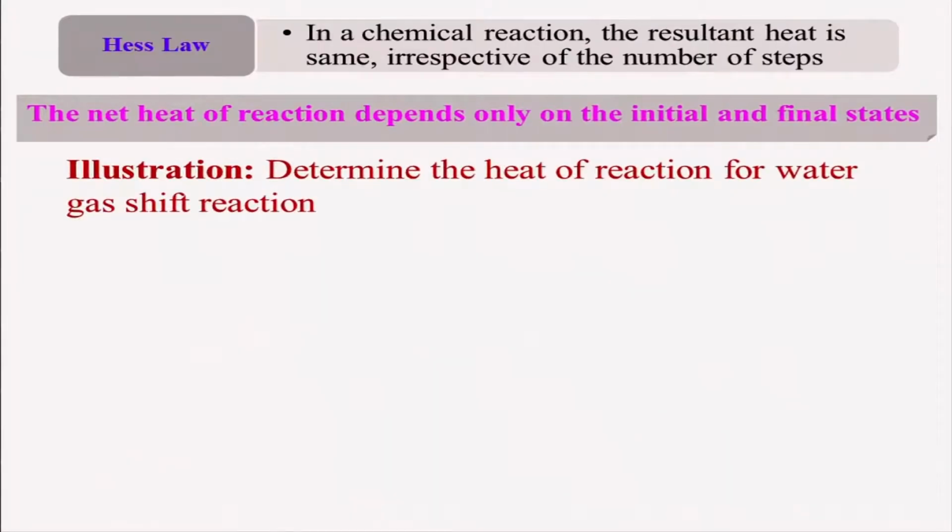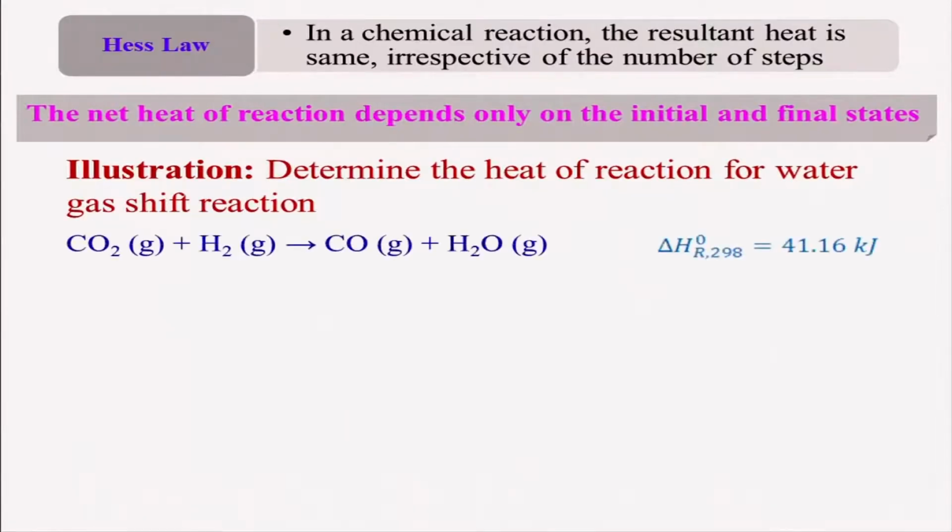To illustrate, let us take the example of the water gas shift reaction, and find out the heat of reaction for it. The water gas shift reaction is basically 1 mole of carbon monoxide reacting with 1 mole of water, going to the products 1 mole of carbon dioxide and hydrogen, and the amount of heat released is 41.16 kilojoules.